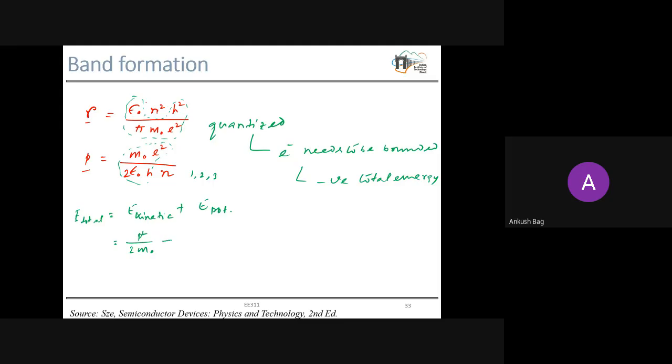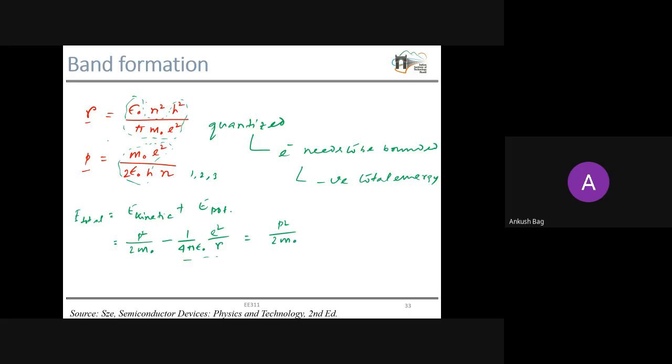And now the potential energy, that this nucleus is attracting the orbital electron, equals 1 by 4 pi epsilon, e square by r, not r square, because this is the energy.